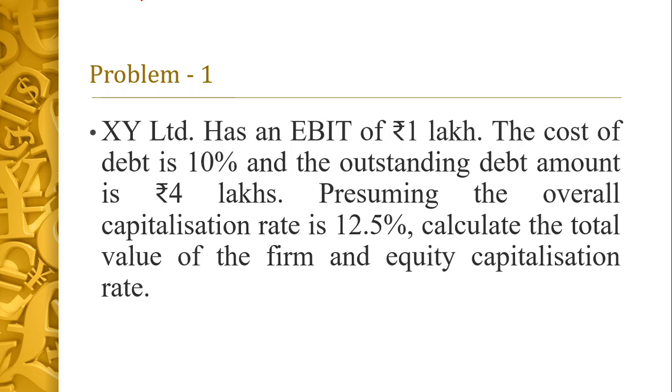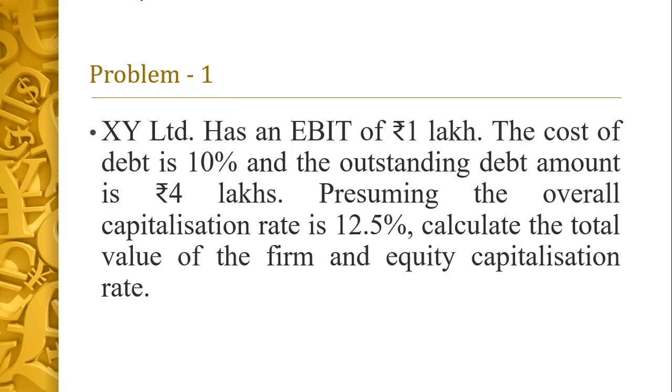Did you all understand the question? What does the question tell? First, it is telling the name of the company. It tells that the earning before tax is 1 lakh, the cost of debt stands at 10% and the amount of debt is 4 lakh, and the overall capitalization rate is 12.5%, and you are expected to value the firm and the equity capitalization rate.